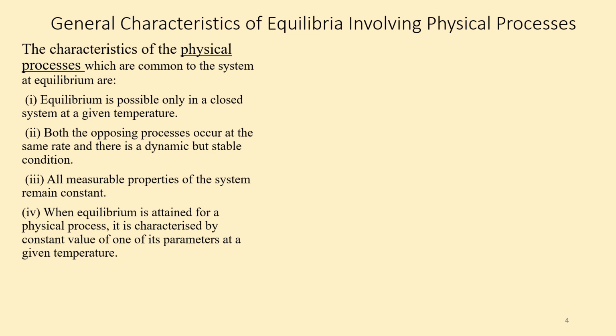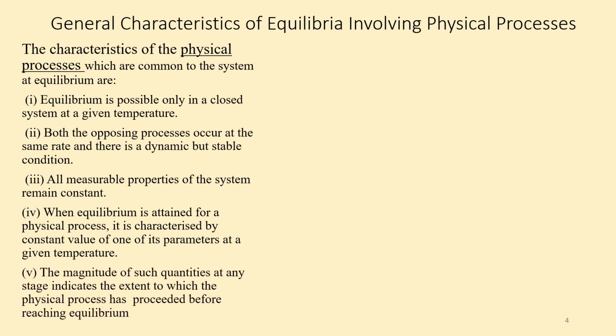When equilibrium is attained for a physical process, it is characterized by the constant value of one of its parameters at a given temperature. The magnitude of such quantities at any stage indicates the extent to which the physical process has proceeded before reaching the equilibrium. These points you may please note down.